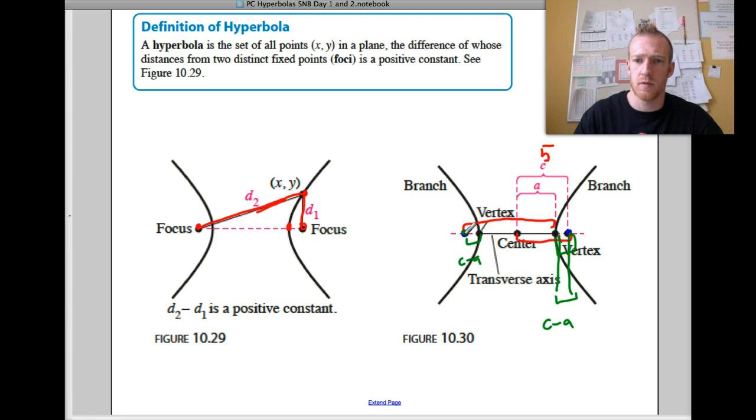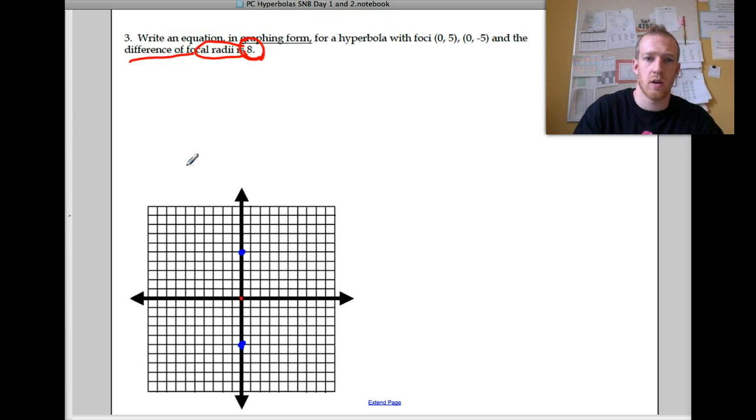So from this focus all the way to here, that's our D1, that's going to be a plus c minus a. And then we're going to subtract this distance here, minus c minus a. And that's all equal to 8 because the focal radii difference is 8. So that simplifies, something minus itself cancels out, so we have 2a equals 8. So a equals 4.